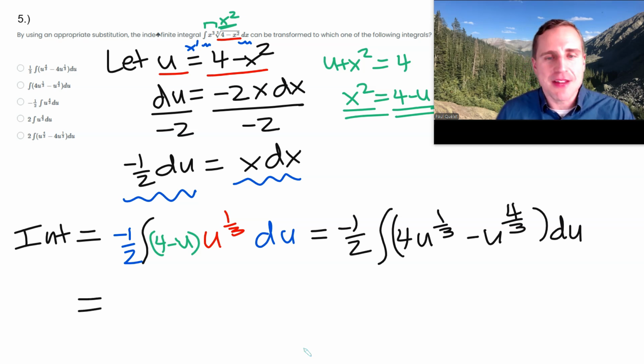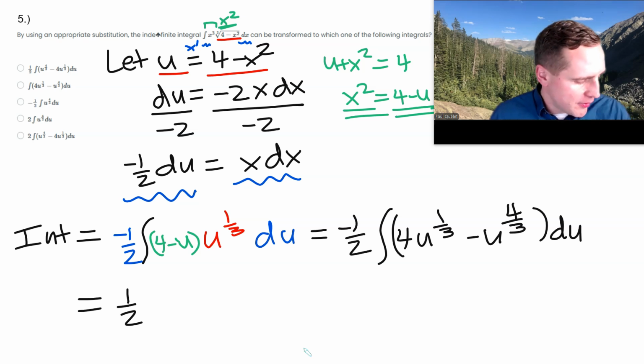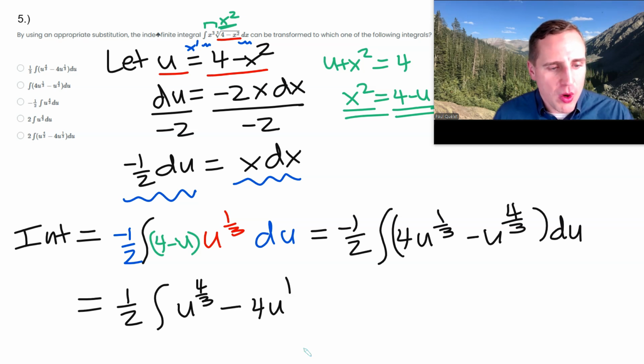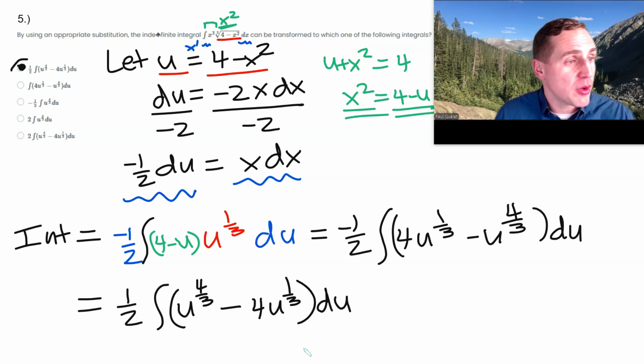So we can bring the negative in, and then the positive term becomes negative, and the negative term becomes positive. So I believe we will have 1/2 integral of u to the 4/3 minus 4u to the 1/3, and then parentheses, du. Now, is that one of the choices? Yes, indeed. It actually is the first choice.